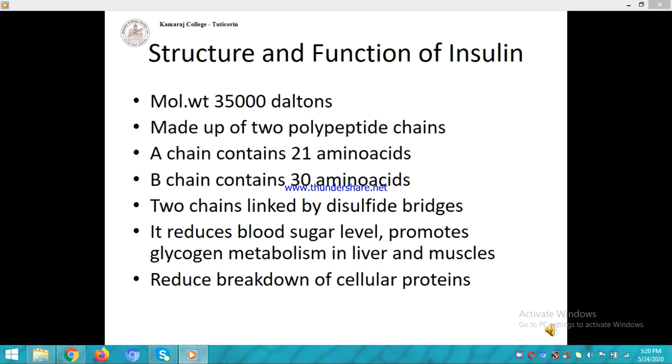The stored glycogen gets broken down and releases glucose molecules when needed. That function is also regulated by the insulin hormone. It also prevents the breakdown of cellular proteins. Moreover, it maintains the blood glucose level.